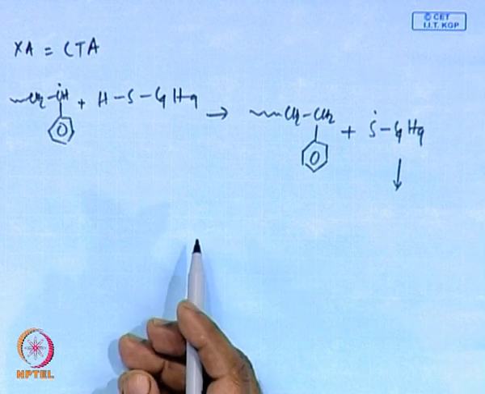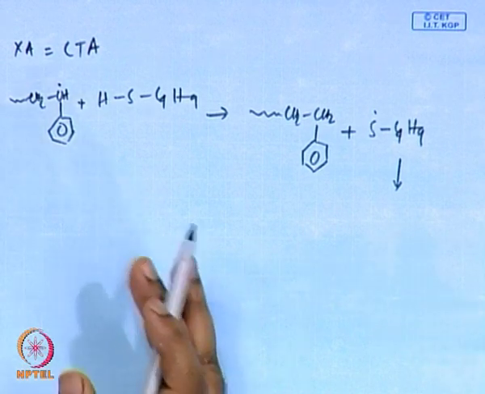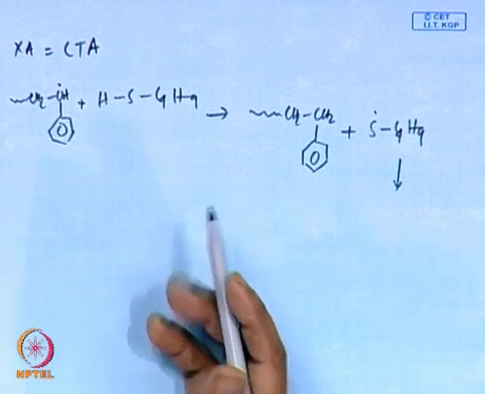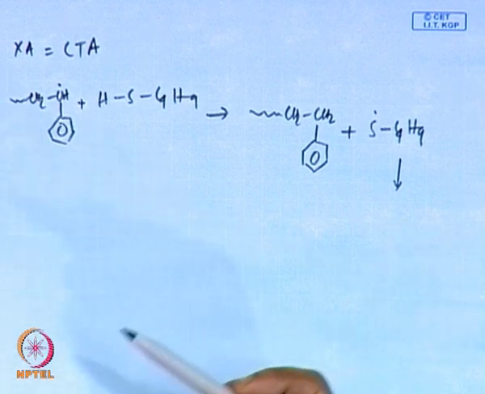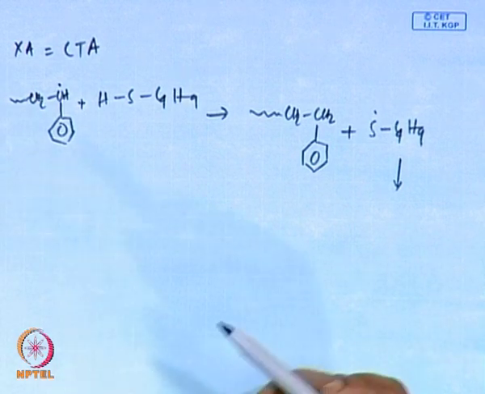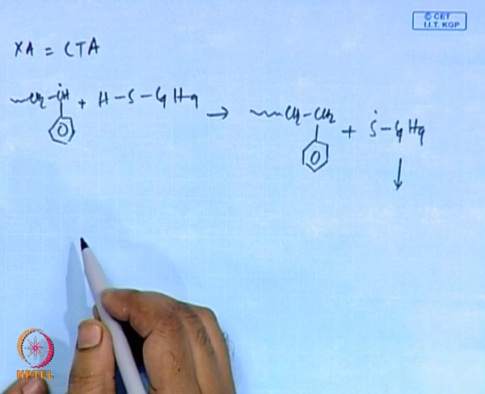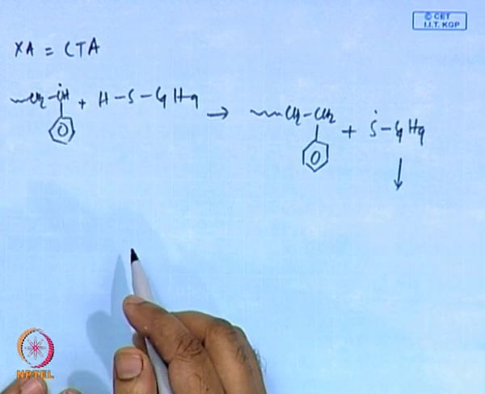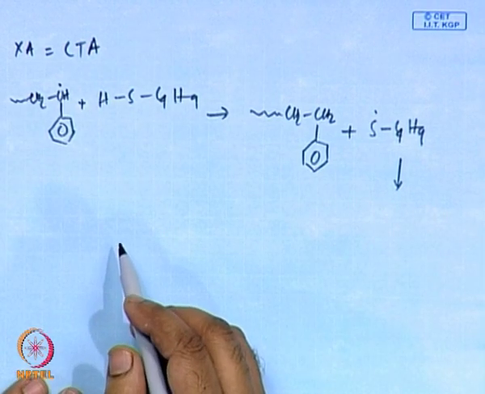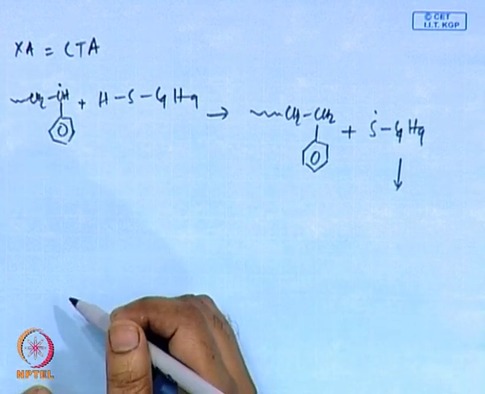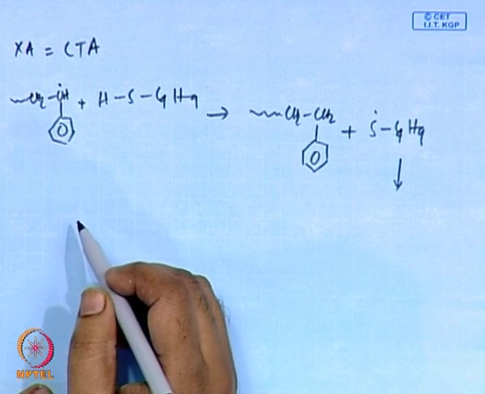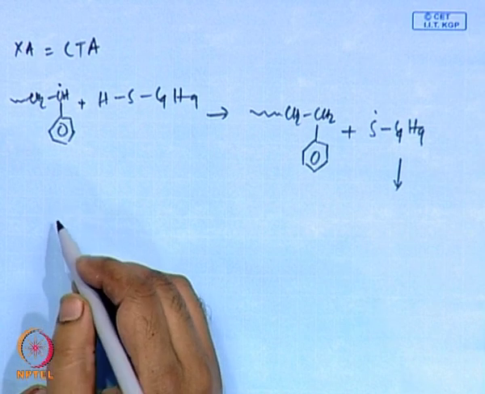In all these cases, except chain transfer to the polymers, you are generating more chains at the end of the polymerization, which means that you are breaking a chain, and as a result the molecular weight or the number of degrees of polymerization is lower than if there was no transfer reaction present.